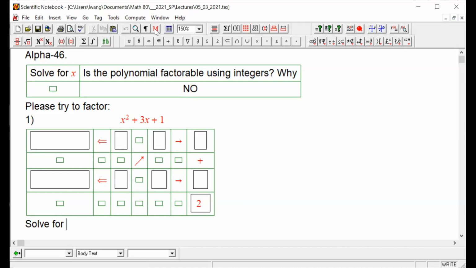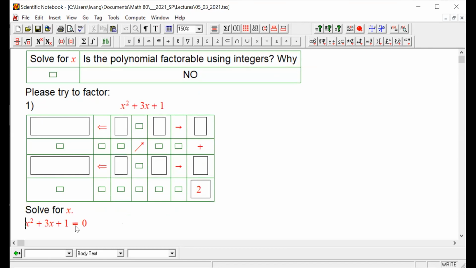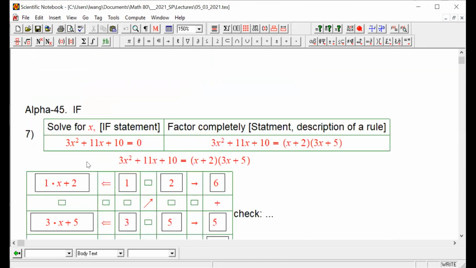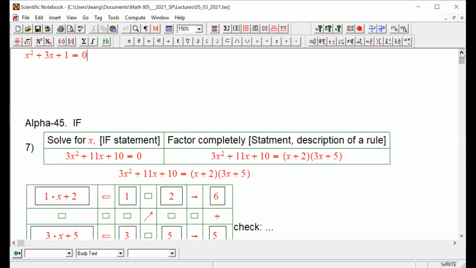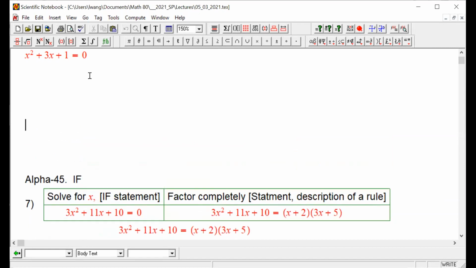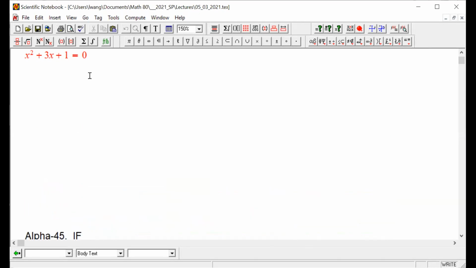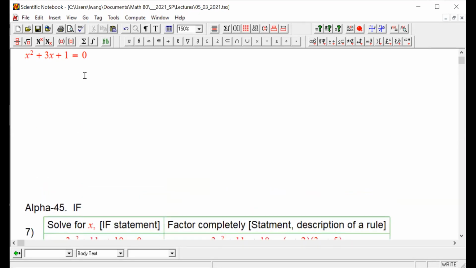Okay, solve for x. So we have this statement equals 0, and we work with the quadratic formula. As we're using the quadratic formula, I'm going to show you another procedure I prefer to use myself.